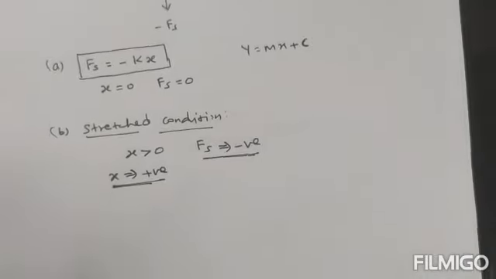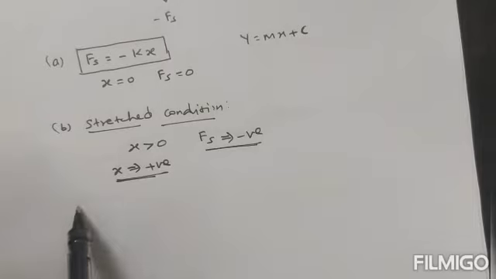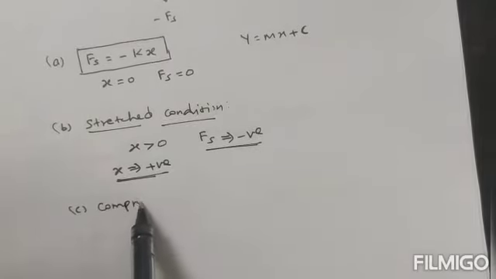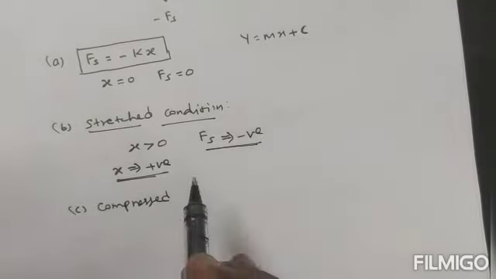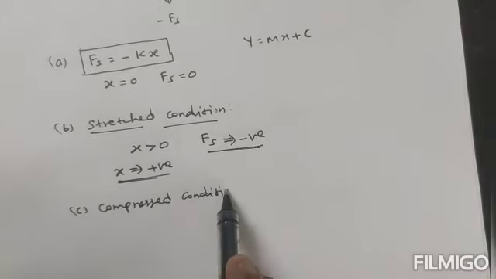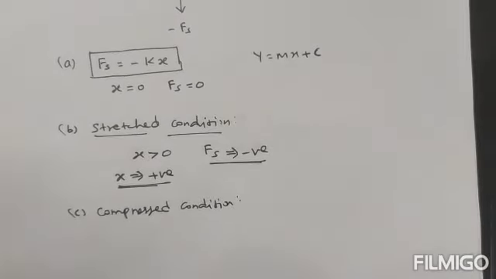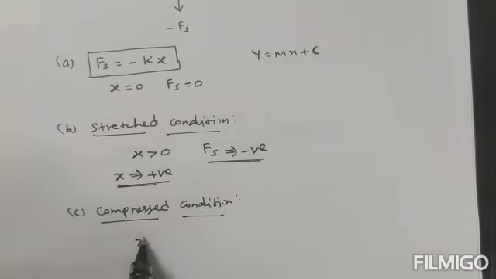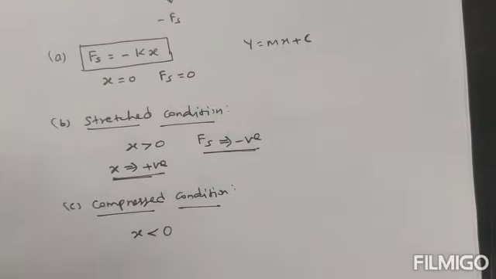Again let's see the C diagram, that is the compressed condition diagram. In the compressed condition, we know that x value is less than 0.